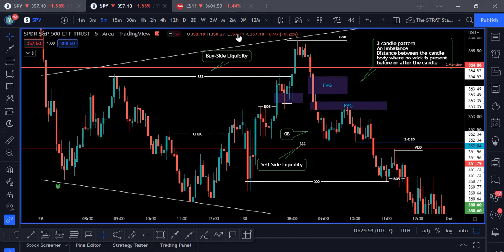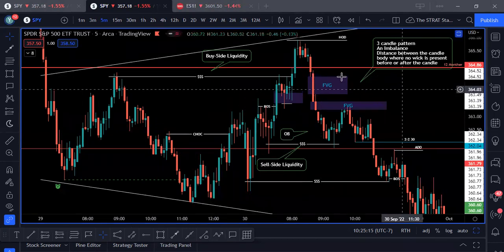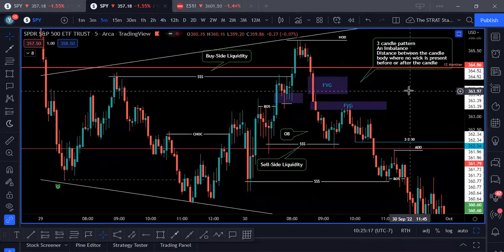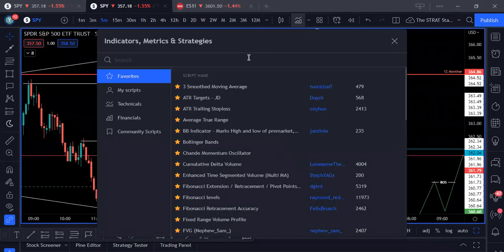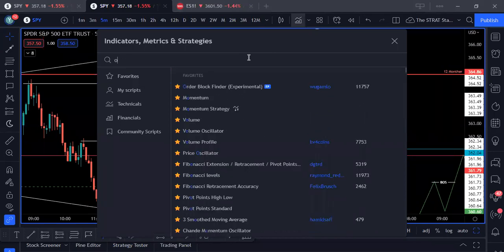Order block, yeah, usually your order block, to my knowledge, is right near the FVG. I think the order block is right on top of the FVG. But yeah. There's actually an indicator you could use to help you find them. Now that we're on it, I forgot. I use it sometimes, it's a little off, but especially when I first started, I didn't really see them. You can go to order block finder.